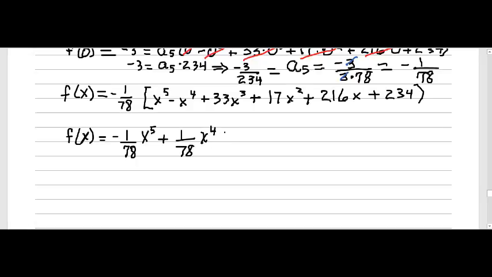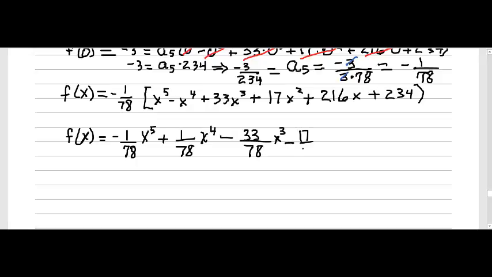So I get negative 1 over 78 x to the 5th plus 1 over 78 x to the 4th minus 33 over 78 x cubed, plus 17 over, and actually this is a minus since I'm multiplying by a negative 1 over 78.